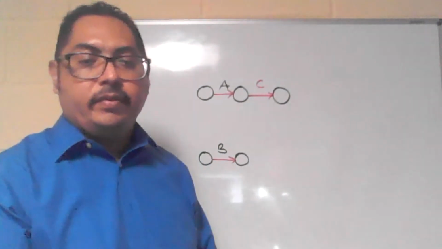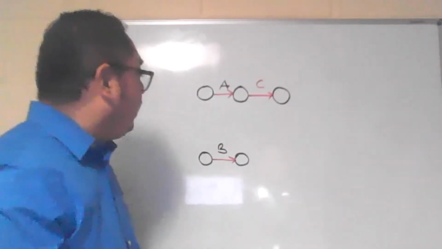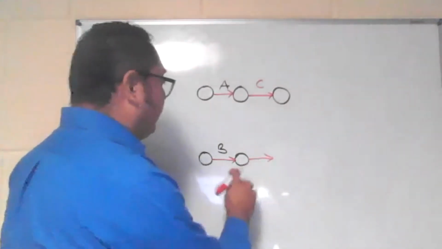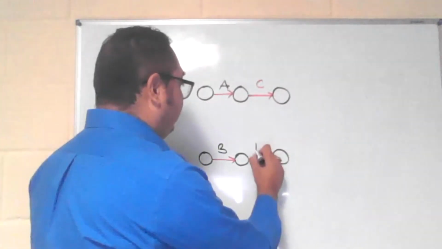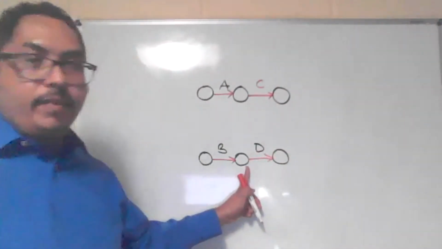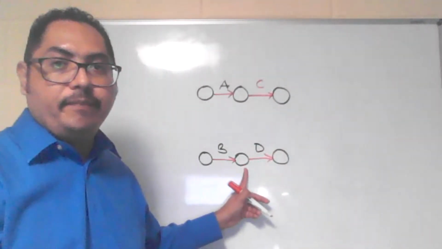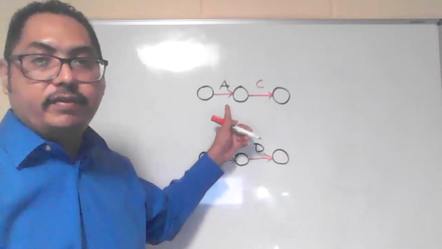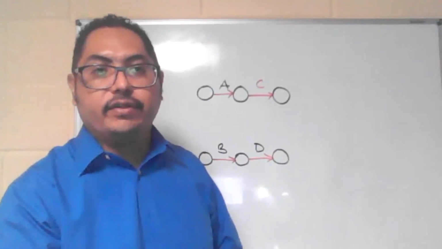So we have activity D. Again, remember, this is the start and this is the end for activity D. But because it is preceded by activity B and also activity A, we need to draw a dummy connector there.